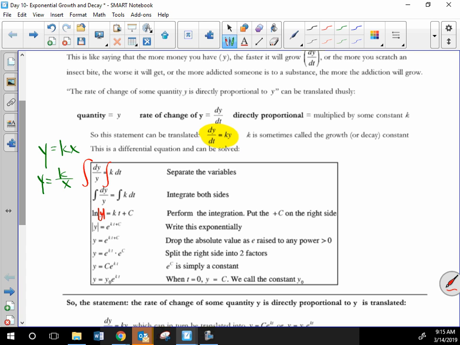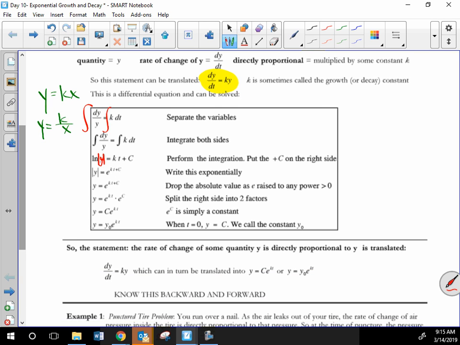They go through and solve, and we end up with y equals e to the kt plus c, which is e to the kt times e to the c. We talked about last class how e to the c is just another constant, so that's what gets us this equation here.